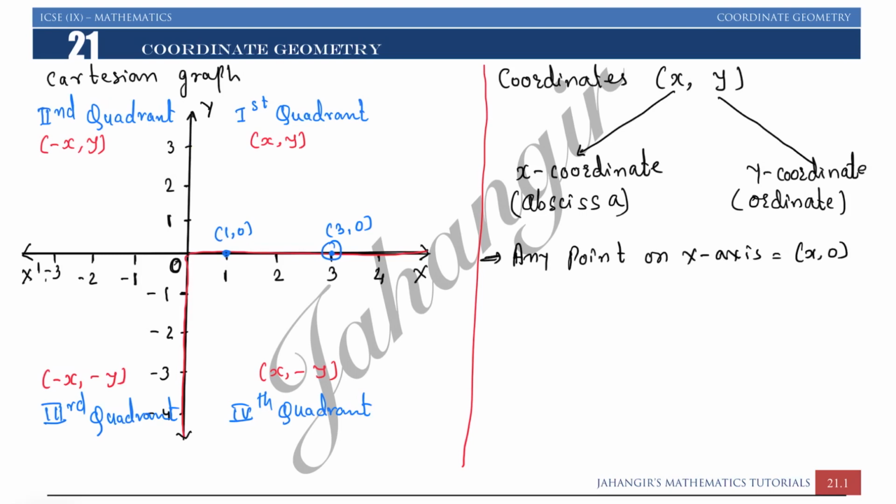If I am writing this coordinate, it will become 0 comma 2, because on x-axis we have 0 and on y-axis we have 2. So any point on y-axis, its x coordinate is 0 and y will have value. Pause the video, write it down.